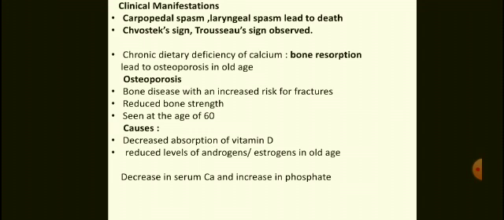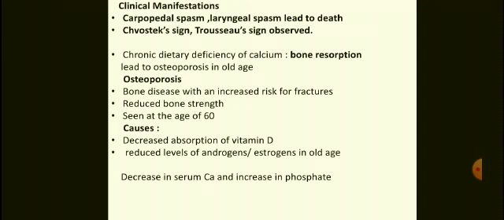Then chronic dietary deficiency of calcium can cause bone resorption, leading to osteoporosis in old age. So there is a bone disease with increased risk for fractures. There is reduced bone strength. And the causes for osteoporosis are decreased absorption of vitamin D and reduced levels of androgens and estrogens in old age.